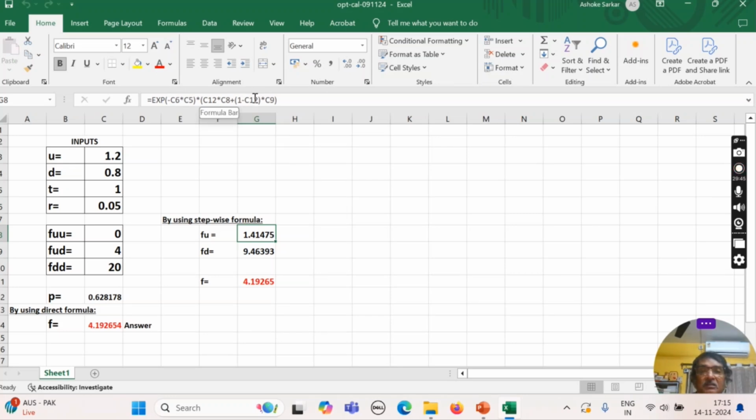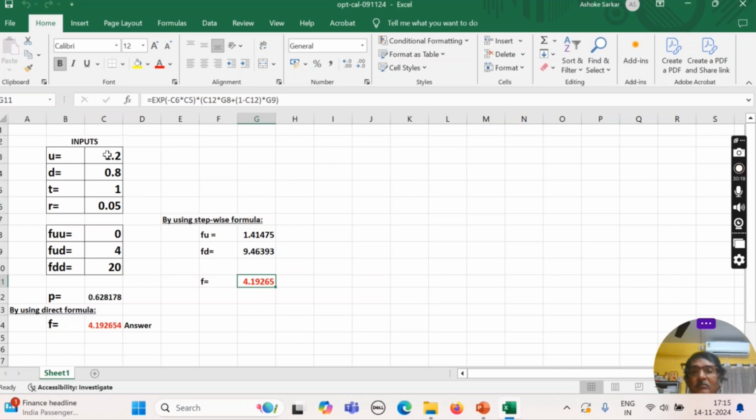The formula is written in the Excel sheet, and this is the formula for FD, that means put option value at down price, and then by using that, it is the put option value at the starting point. The value is same, but these are two methods. This is used directly in a single step, and this is done step by step, first step, then initial step. So in this way you can use the Excel sheet also.